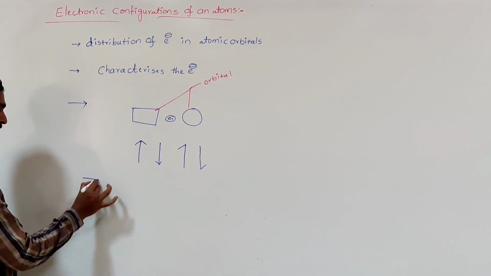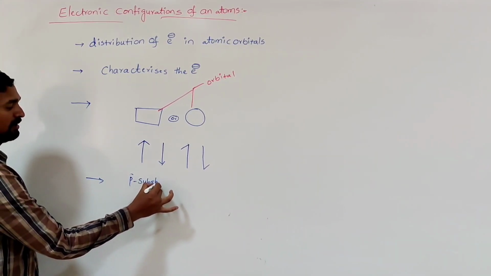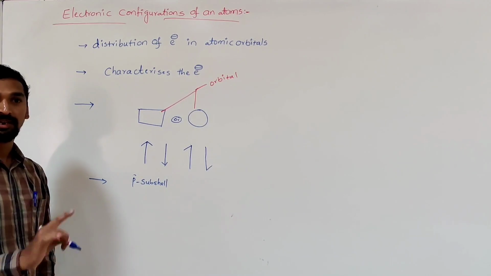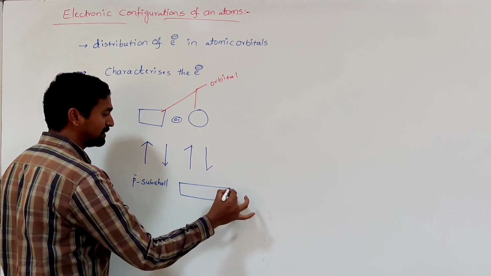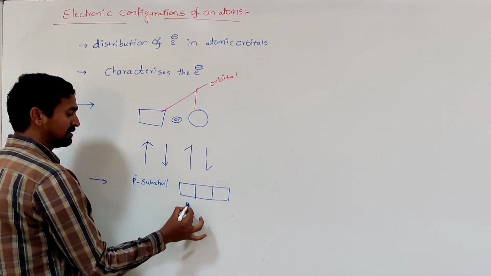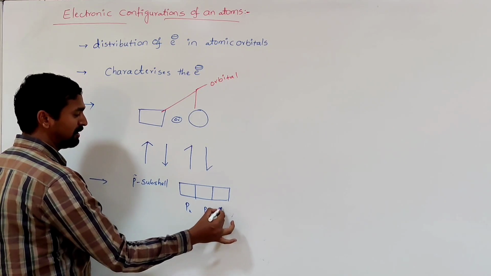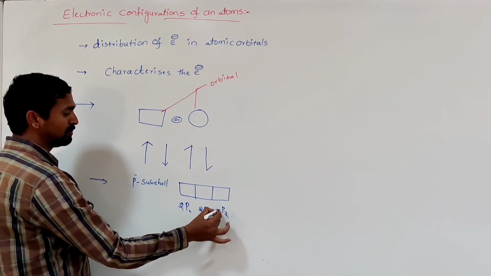Suppose a p subshell is given. The p subshell has 3 atomic orbitals, which all have the same energy. So px, py and pz. If it belongs to the second shell, we write 2px, 2py, 2pz.